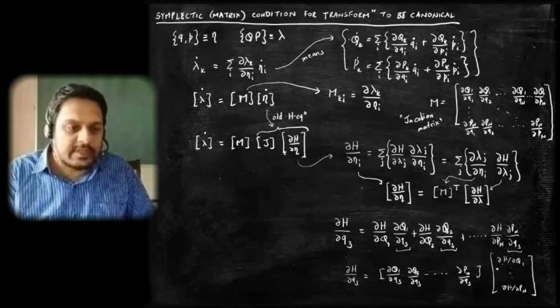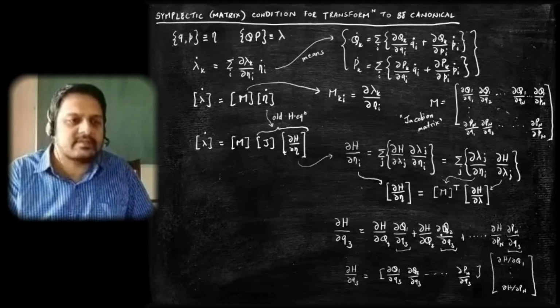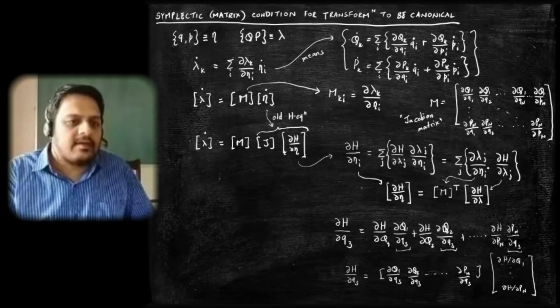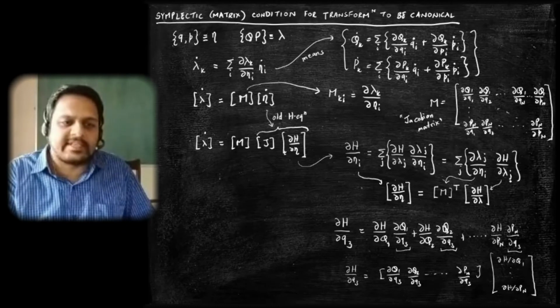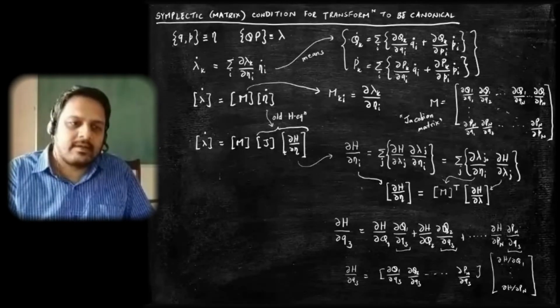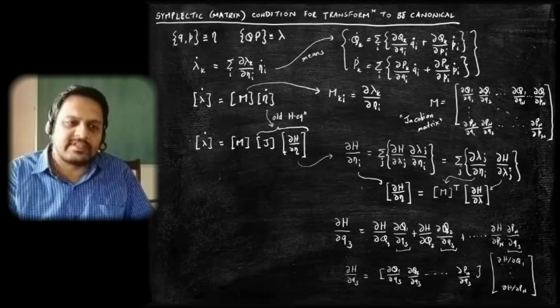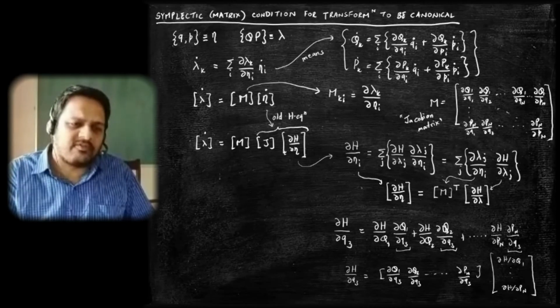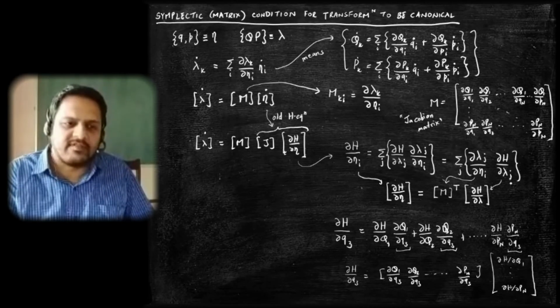How to know this without writing down all these big things? Basically, the column vector here has λj, so this has rows labeled by j. So this will have columns labeled by j. Otherwise, the number of rows of this and the number of columns of that will not match.